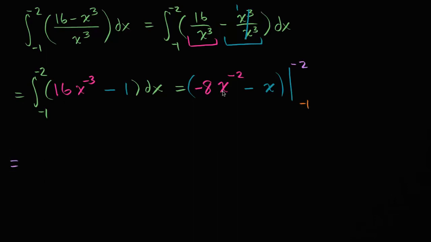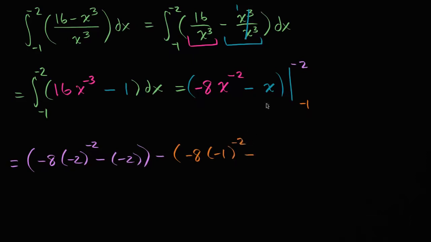When you evaluate it at -2, it's going to be -8 times -2 to the -2 power minus -2, and from that we're going to subtract it evaluated at -1. So it's going to be -8 times -1 to the -2 power minus -1.